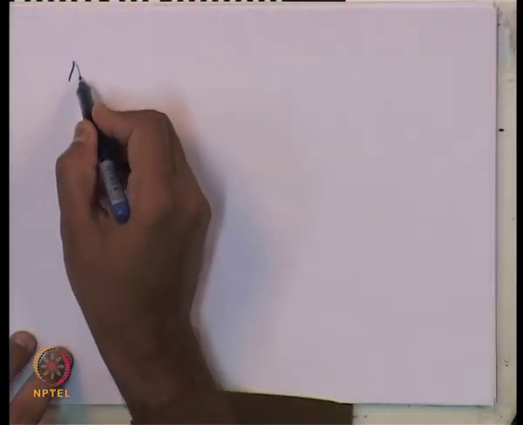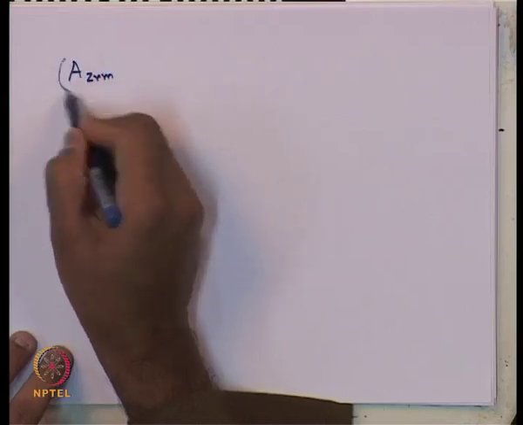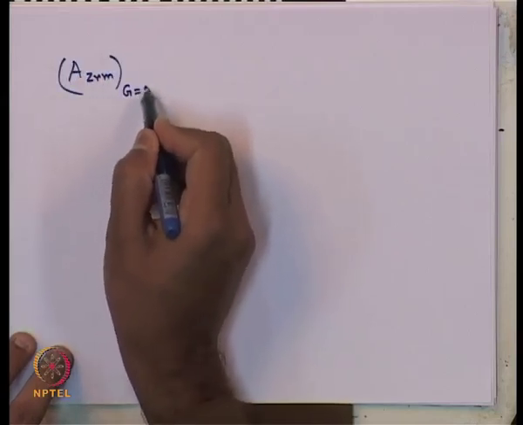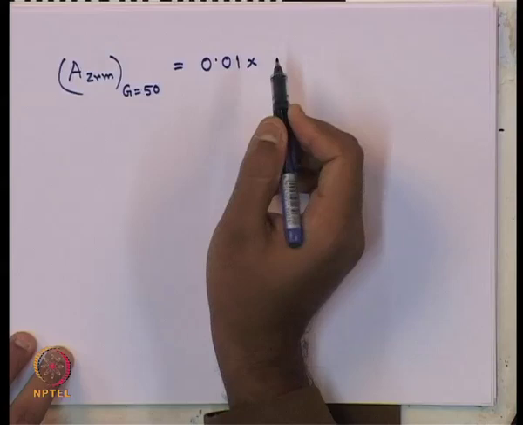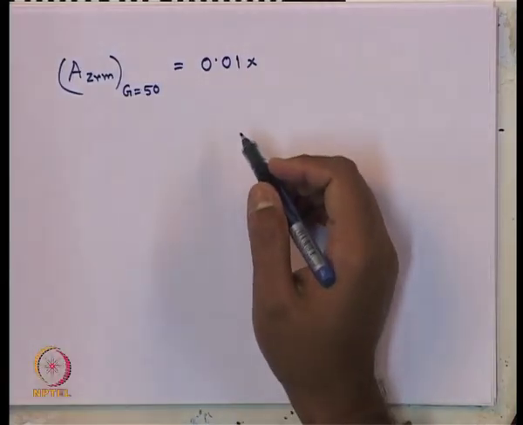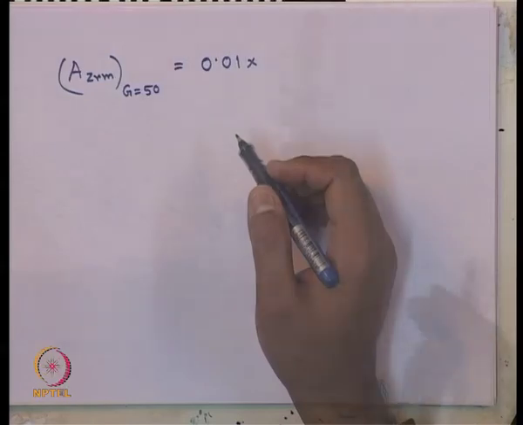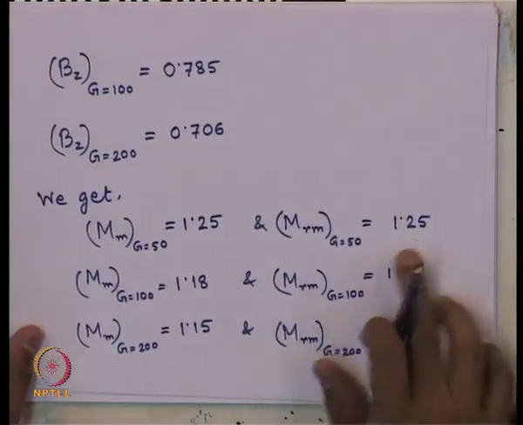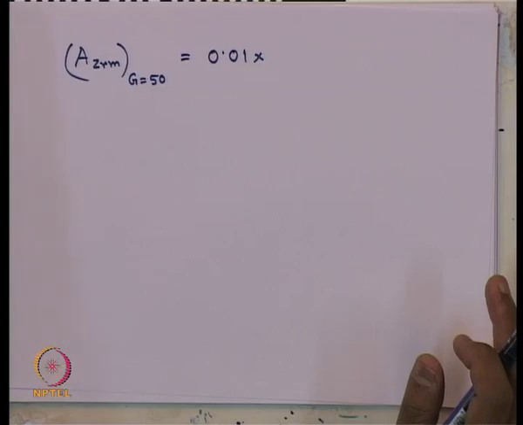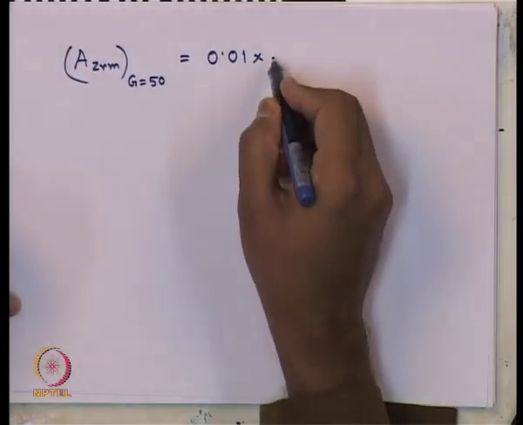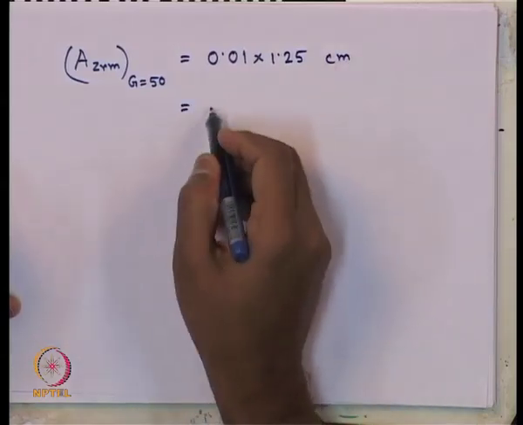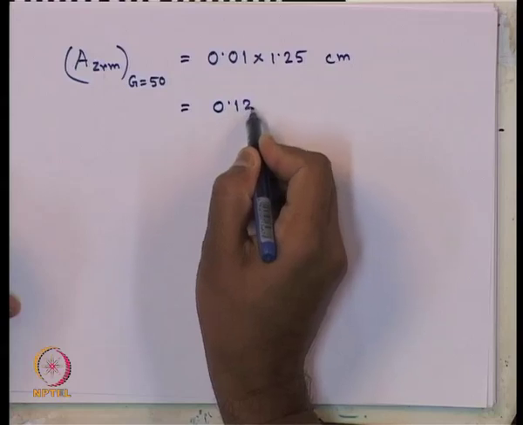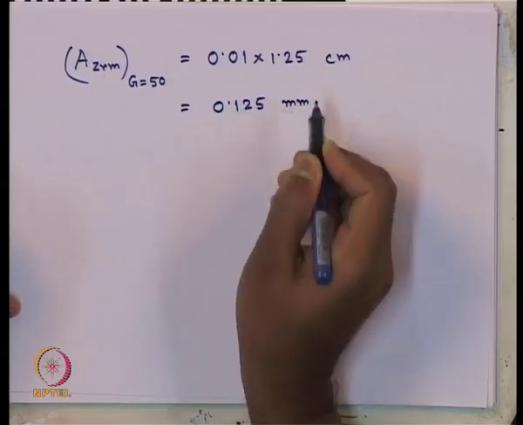So, how much AZRM do we get for G equals to 50? 0.01 times MRM. MRM from the design chart for G equals to 50 is 1.25. Multiplying by 1.25 gives 0.125 millimeter.